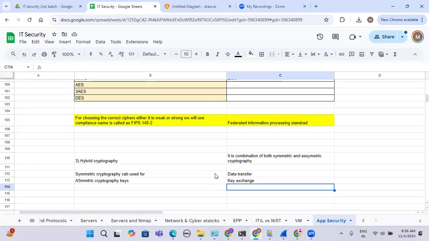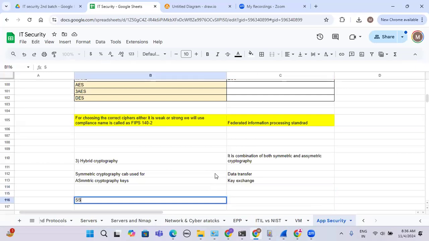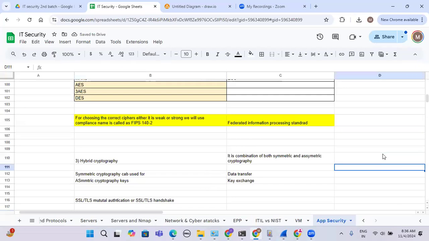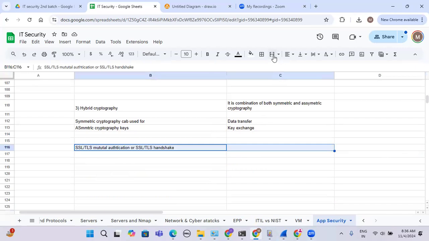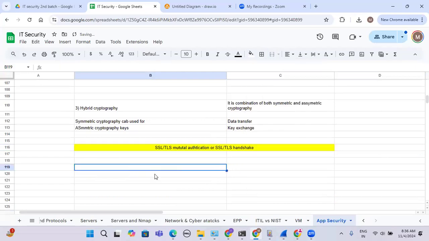Okay, so let's now discuss SSL TLS mutual authentication, which is also called the SSL TLS handshake. How does this work? Whatever examples I have given now, in all these places we can use the SSL TLS handshake or mutual authentication.